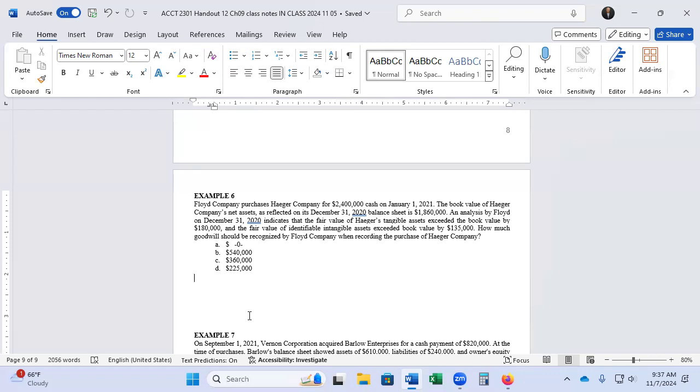No, we don't care because book value, remember, does not reflect current value or fair value. Book value just reflects what? You guys should know this one.